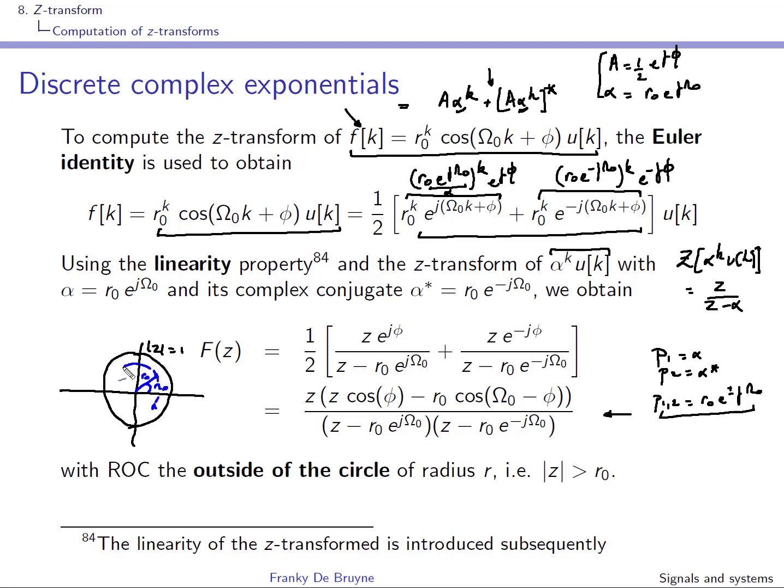Okay, so it's this circle over here, and the region of convergence will be outside this circle. So indeed we see that the region of convergence is outside the circle of radius r0. So there is a 0 lacking over here.